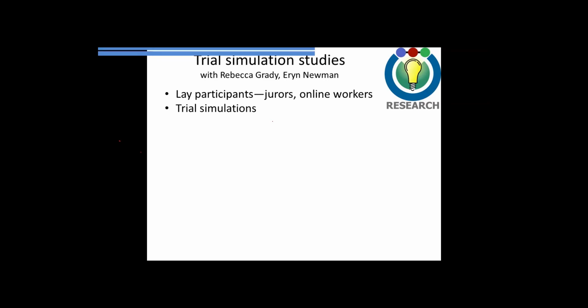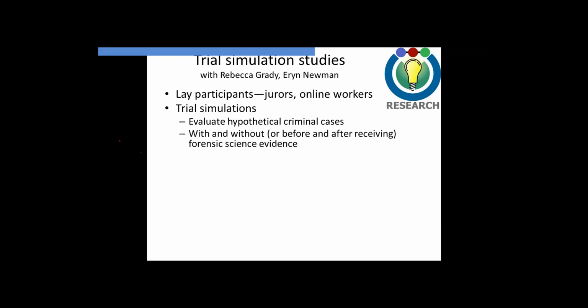They involve trial simulations where people generally read or are given information about the facts of a case and are asked to evaluate it, typically with or without, or before or after, receiving the forensic evidence. So it's an experimental design in which the goal is to see what people think about the probability of guilt, or whether they would convict, with or without or before and after receiving forensic science evidence.